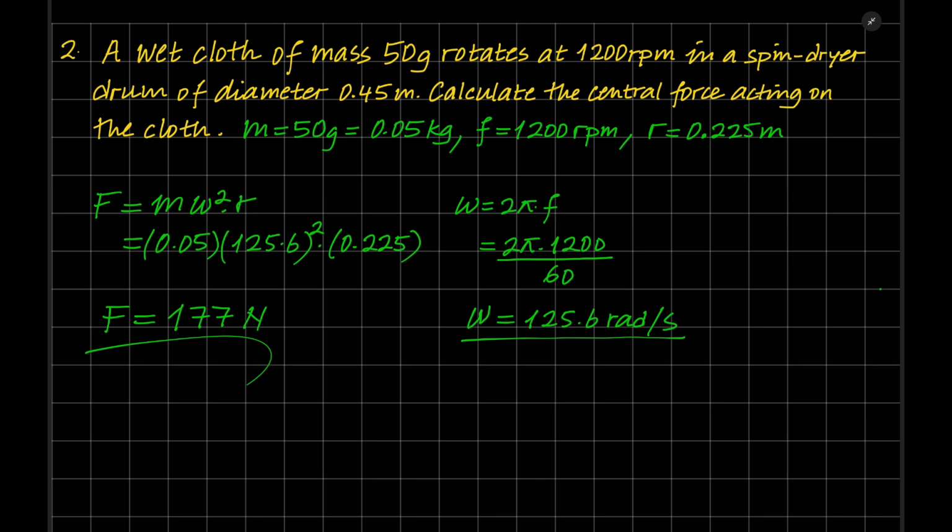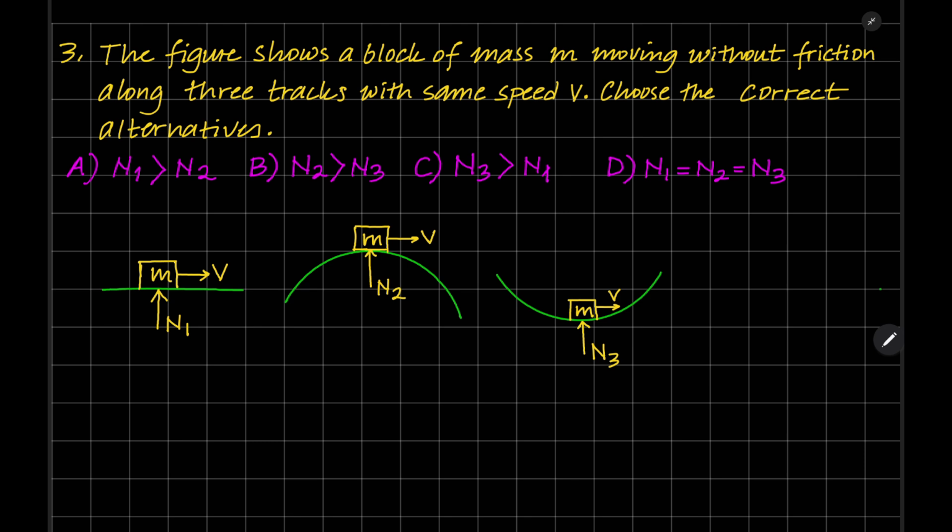Now let's go to the next question. Question 3. The figure shows a block of mass m moving without friction along 3 tracks with the same speed v. Choose the correct alternatives. In the first case, the block moves on a horizontal surface with velocity v and mass m.